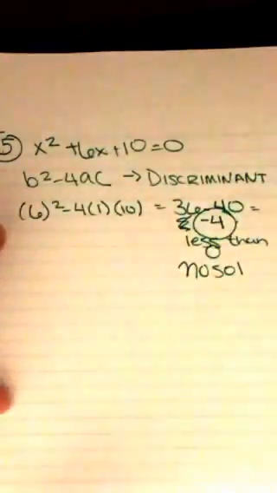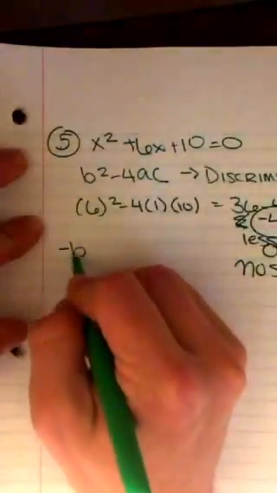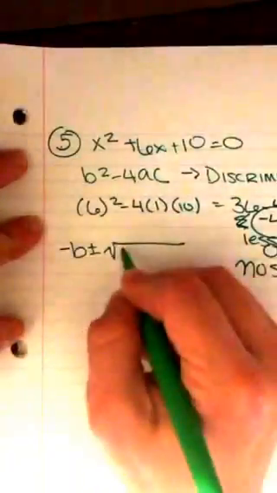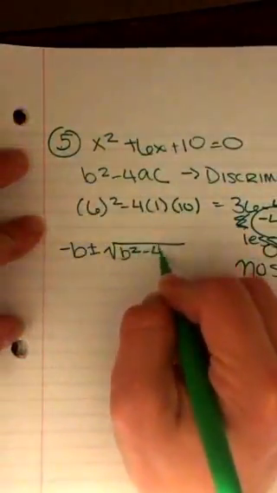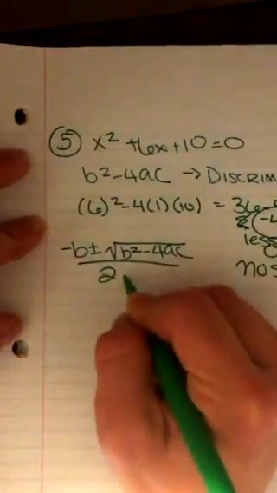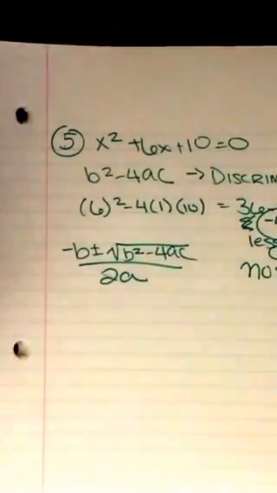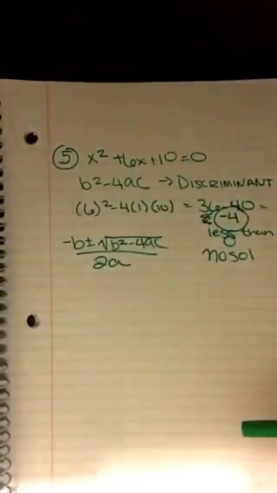Therefore, no solutions. So how I can actually prove that is by showing you the quadratic formula: negative b plus or minus the square root of b squared minus 4ac, all over 2a. And how I can go through and do this is just plugging it in.